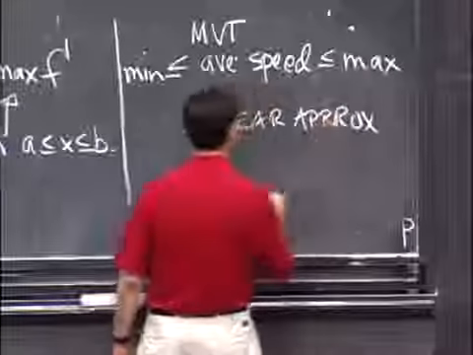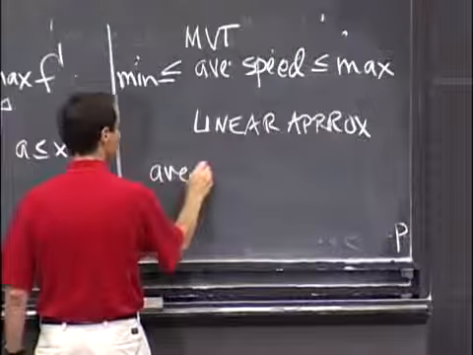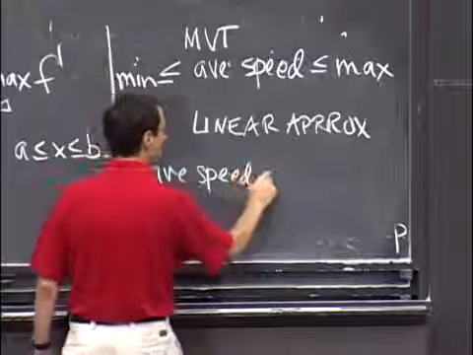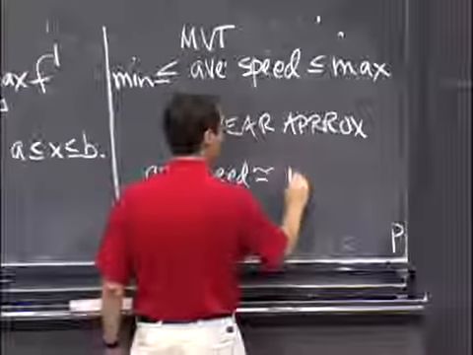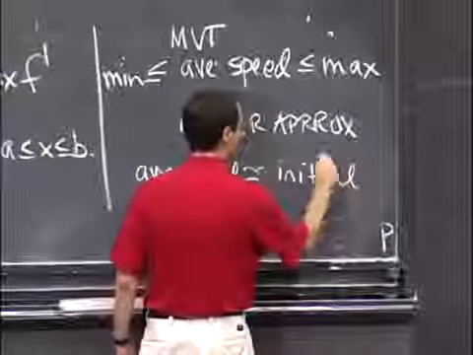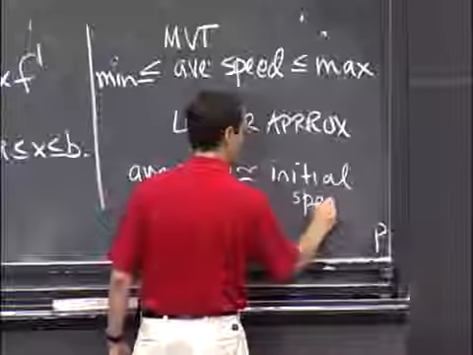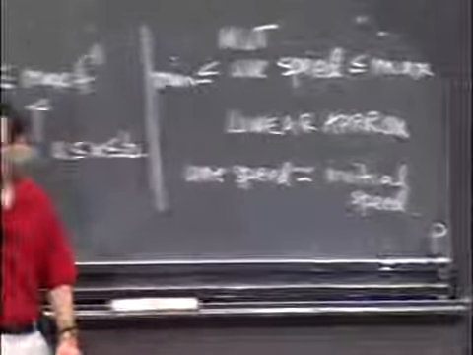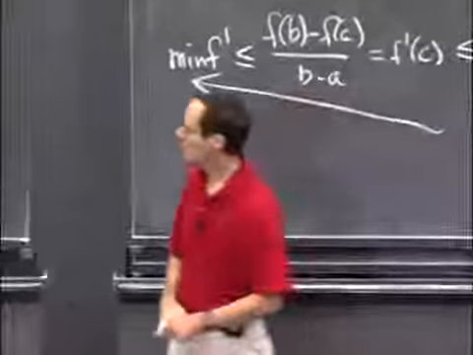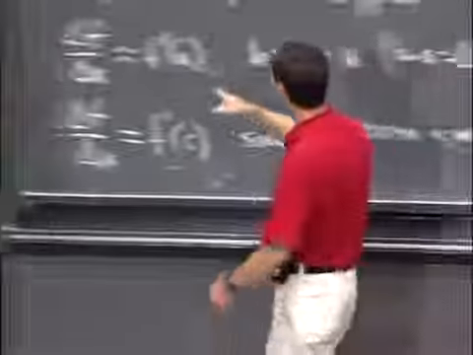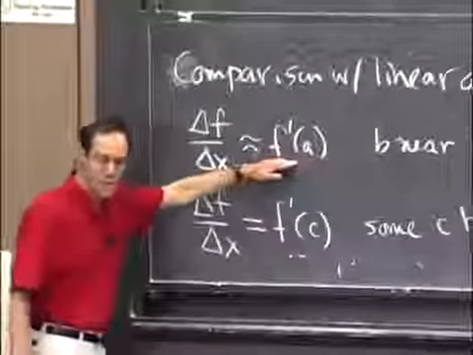The linear approximation is saying that the average speed is approximately the initial speed, or possibly the final speed. So if a is the left endpoint, then it's the initial speed.